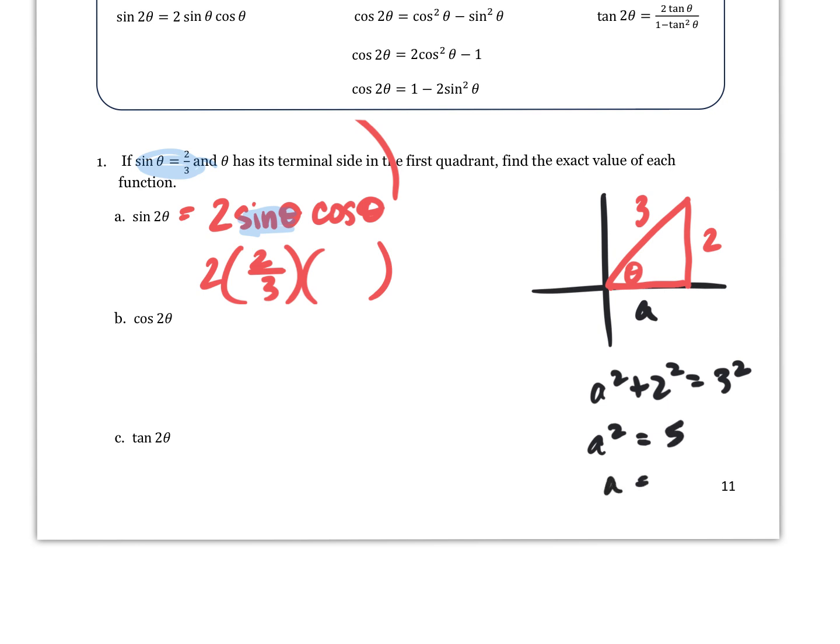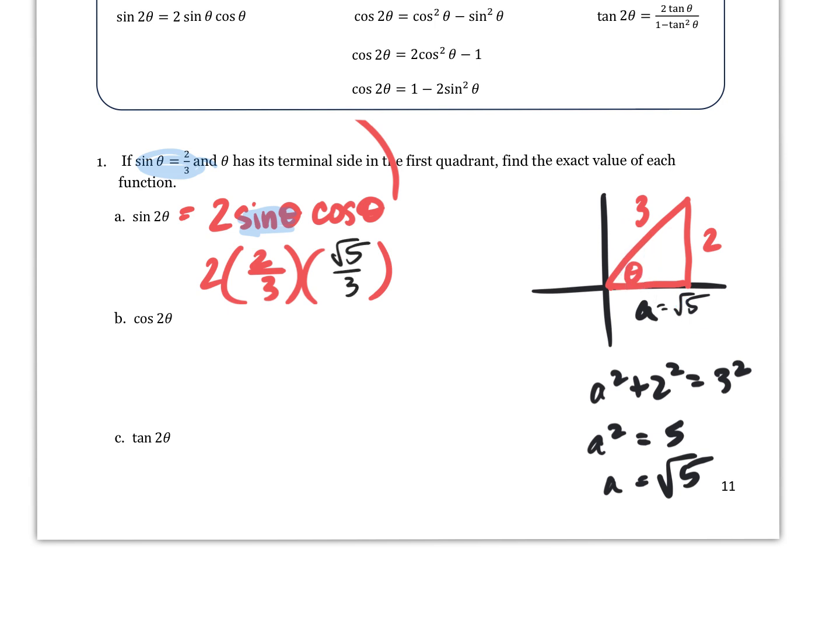What's a going to be? Root 5. We don't need any calculators. You can just leave it as a root. So if a is root 5, what would the cosine of this theta be? Yeah, exactly. Cosine is adjacent over hypotenuse, so we cool with saying root 5 over 3.